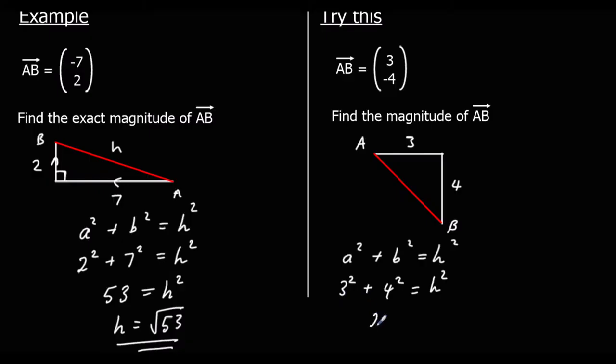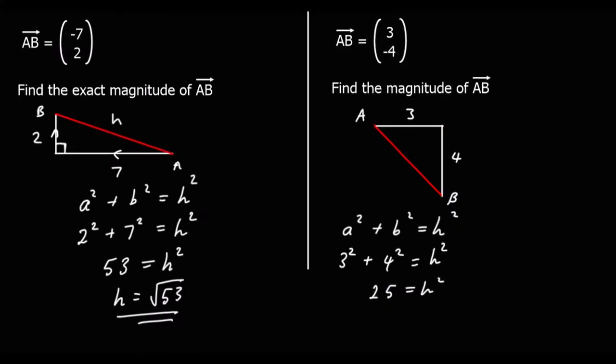So 9 and 16 make 25. To get h by itself, we square root both sides. So h is 5. The magnitude here is 5. It didn't say exact in the question. That's because we don't have a surd as our answer. We've got an integer, a number as our answer. This is a 3, 4, 5 triangle. It's a famous Pythagoras triple.